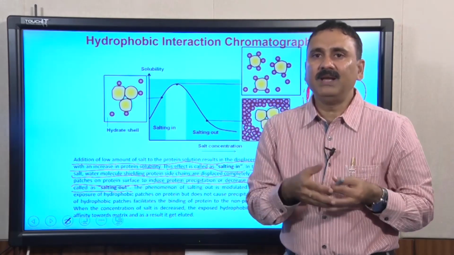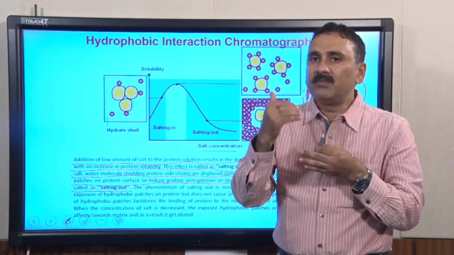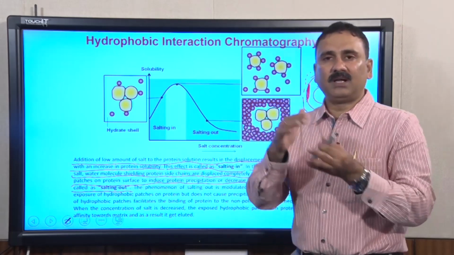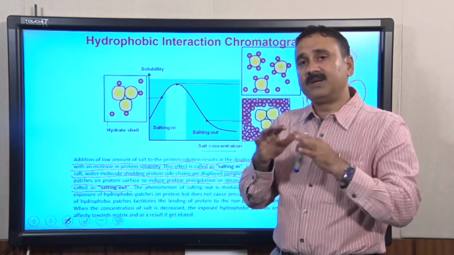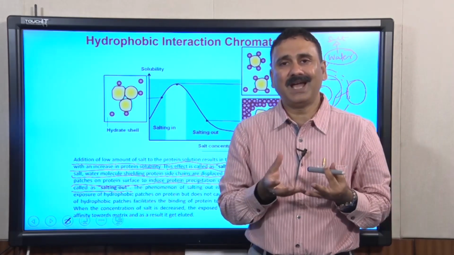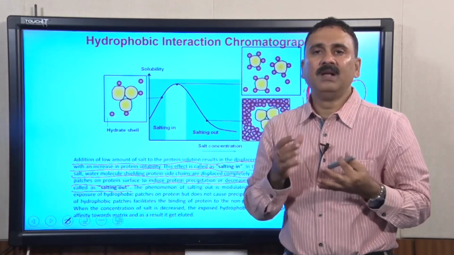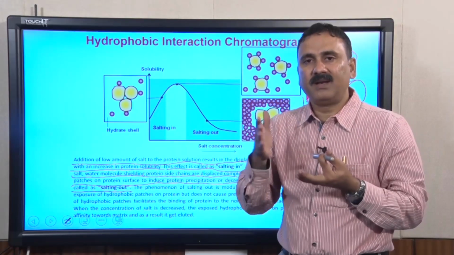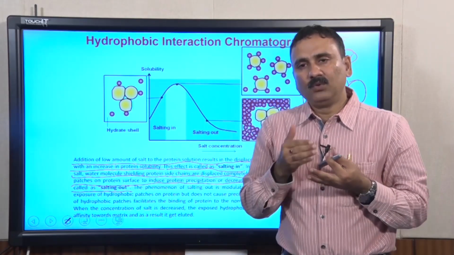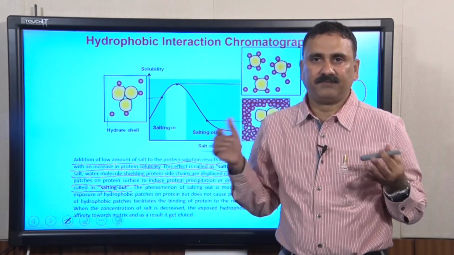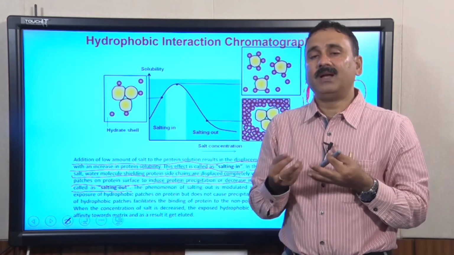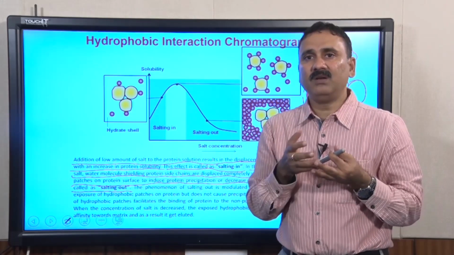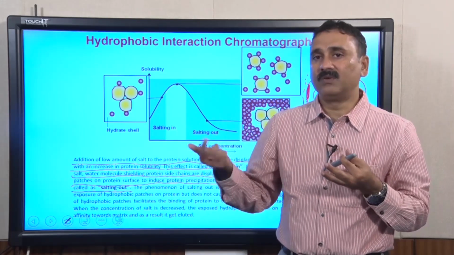So, if you vary the salting out, you can separate them. You can precipitate some proteins, but the other proteins will remain in solution because their hydration shell is still intact, and if you add some more salt, those proteins also get precipitated. If you do this in a stepwise manner, you can separate the different proteins, and that has always been done in the traditional biochemistry way, where you precipitate the protein by adding different amounts of salts.